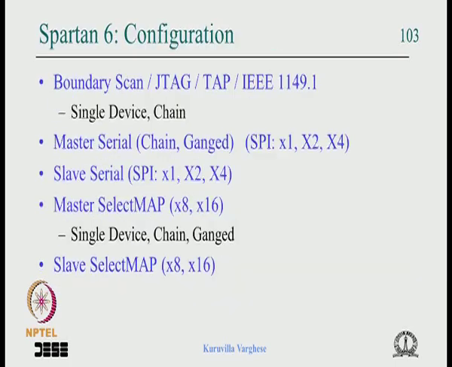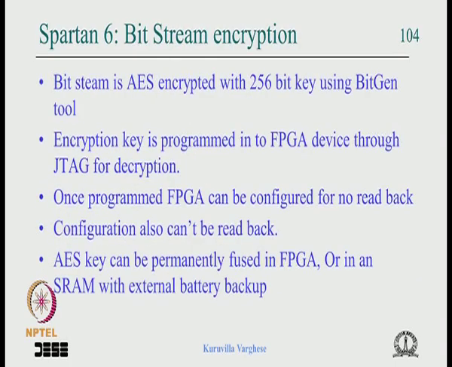So there is an AES encryption with a 256-bit key. The bit stream is encrypted using the bitgen tool with a 256-bit key. The encryption key is programmed into the FPGA through the JTAG port, and once it is programmed you can configure it for no read back, and the configuration also can't be read back.